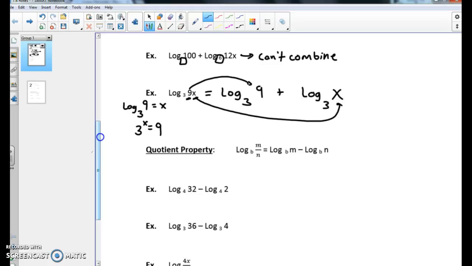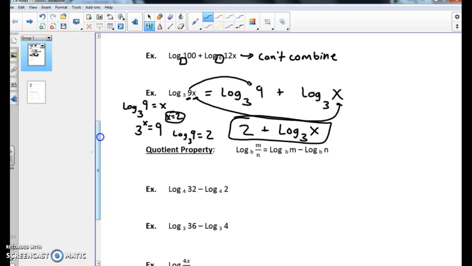We're dealing with exponents here. So it's 3 to the second power. So what that really is saying, guys, is that log base 3 of 9 is straight up equal to 2. So this expression can be simplified like that: 2 plus log base 3 of x.